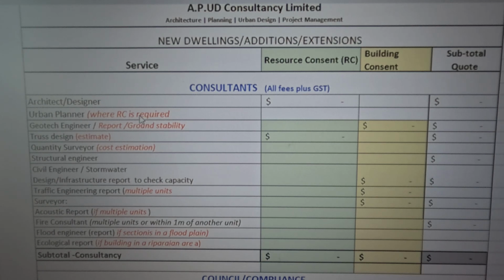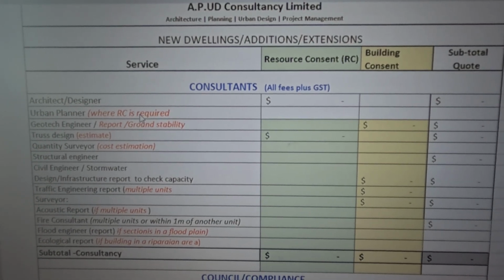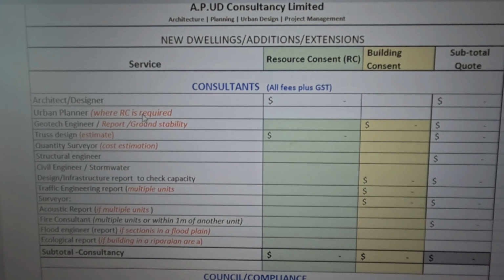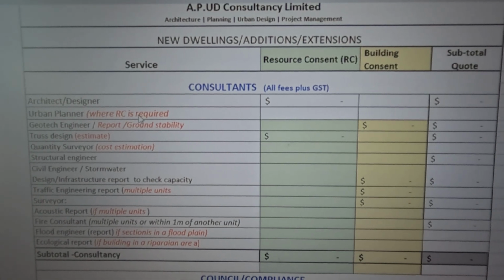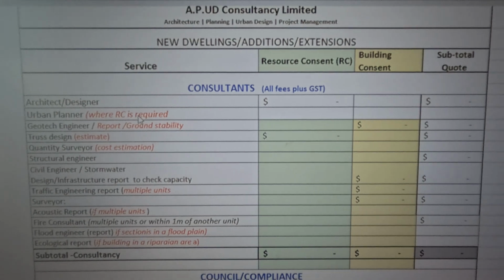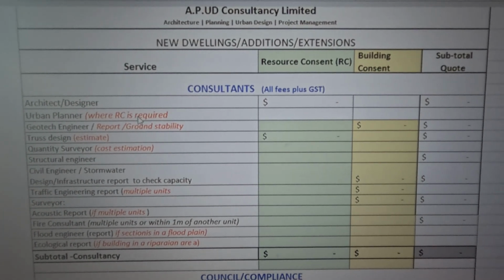So nowadays, almost always, whether it's a small building, a small project, an extension or addition, you're most likely going to need a geotech engineer, and council will always ask for a geotech report. So before you start, if you're thinking of starting a project, you will think about a geotech report, which is now done by a geotech engineer.